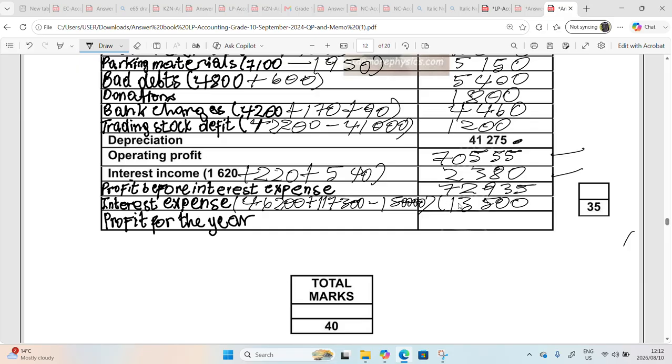Interest expense, you minus interest expense, show in brackets minus. So you are taking your profit before interest expense minus your interest expense, and then you will have, voila, profit for the year of 59,435.